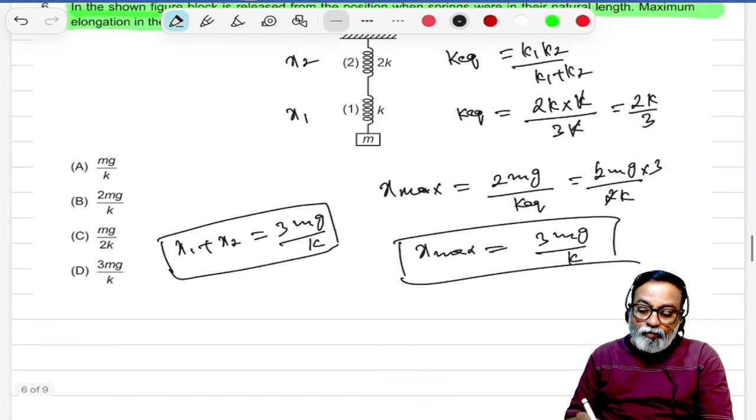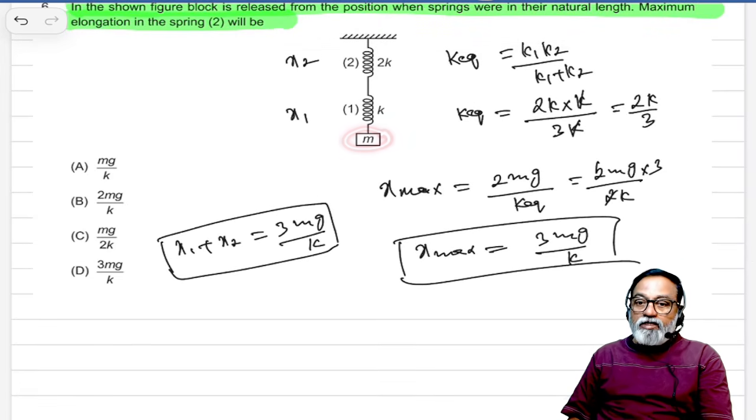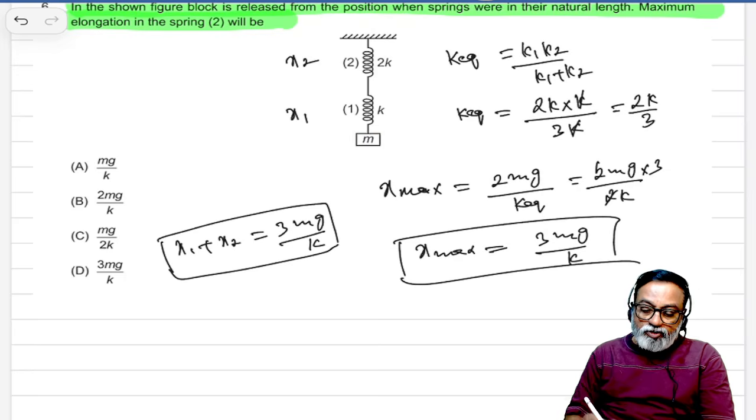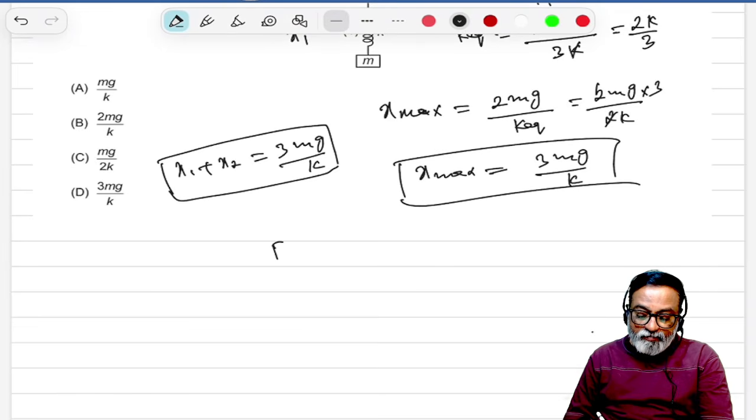See here, for both the springs, here mass m is added. That spring force is equally shared, means same force acts on the two springs in series. Therefore, your spring force for both the springs is same. That is F is equal to K1 x1, that is equal to K2 x2.